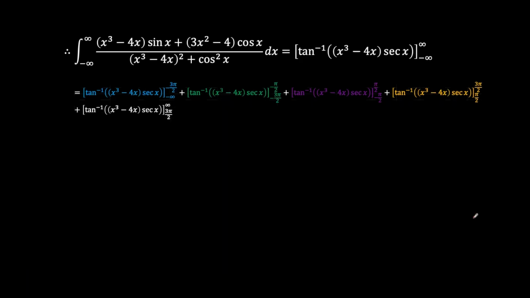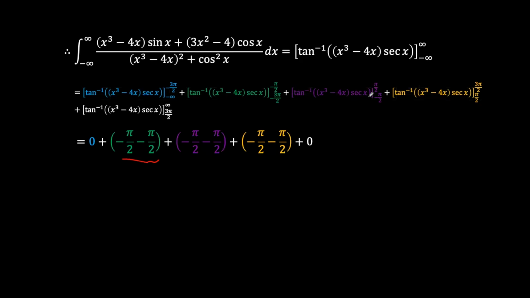So essentially, what happens now, we have 0, and then at negative 3 pi over 2, we have negative pi over 2, and at negative pi over 2, we have positive pi over 2. So negative pi over 2 minus positive pi over 2, actually for the green one. The same thing happens here from negative pi over 2 to pi over 2.